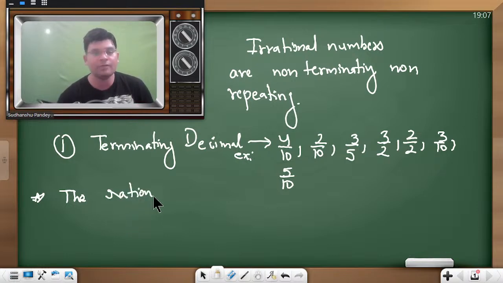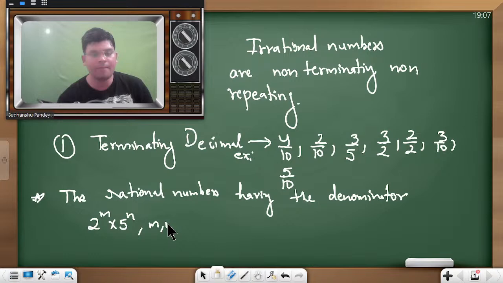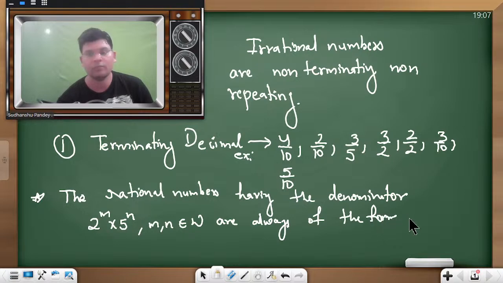So the rational numbers having the denominator of the form 2 to the power m into 5 to the power n, where m and n belong to whole numbers, are always of the form terminating decimal.